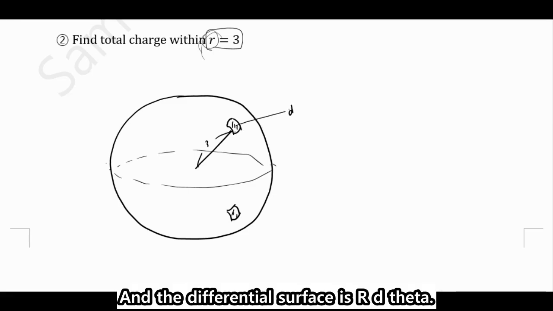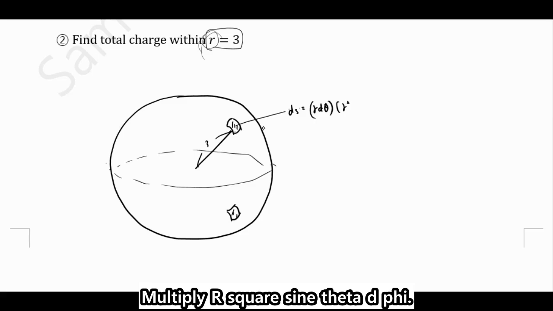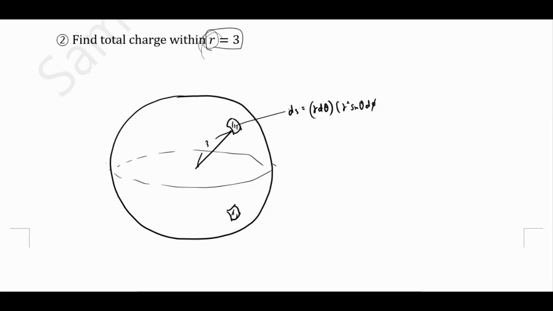The differential surface is r d theta multiplied by r squared sine theta d phi. This is the differential area.